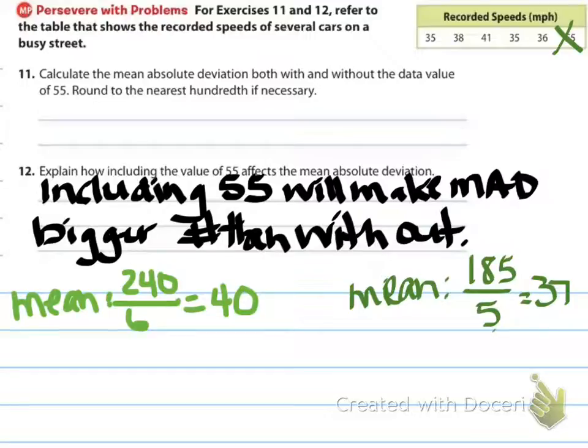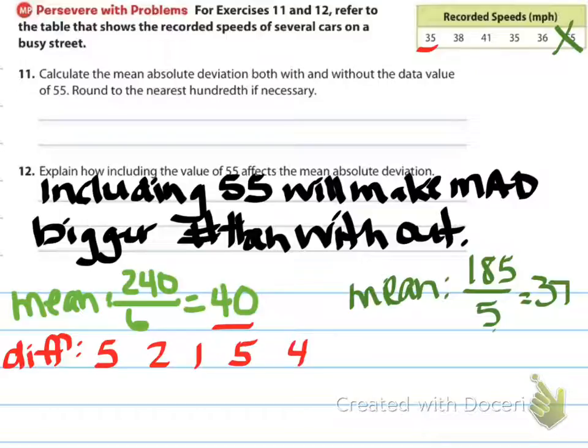So now let's go on and do the differences. Finding the differences is step 2. For the first one, between my 40 and 35, I've got 5. Between 40 and 38, it's 2. Between 40 and 41 is 1, and so forth and so on. It makes a difference, huh?